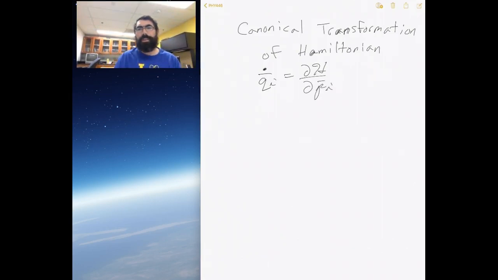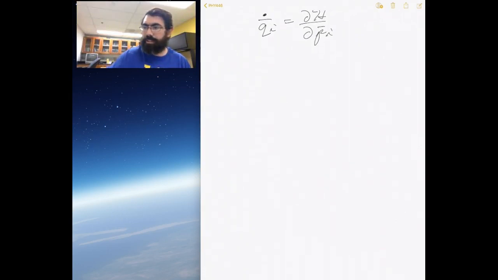All right. So what I would like to do now is try it with Hamilton's other equation. It basically states that the change in the momentum, I'll call this J, is the derivative of the Hamiltonian with respect to position.